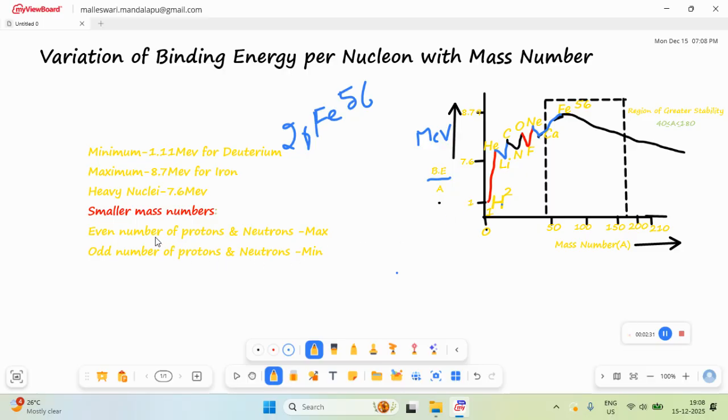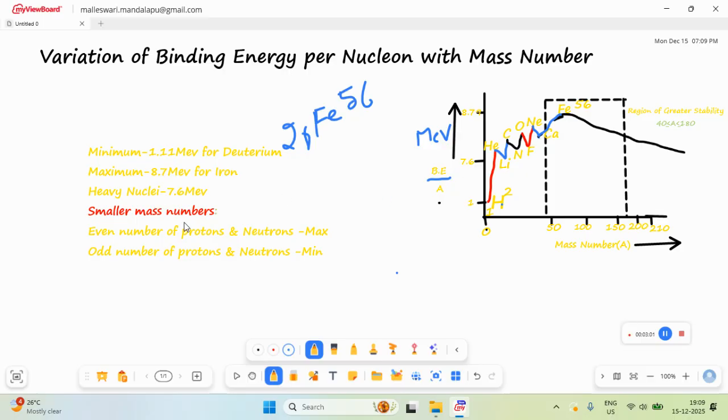For small mass numbers, the graph has ups and downs: for helium, lithium, carbon, nitrogen, oxygen, fluorine, neon. For helium, carbon, oxygen, neon, binding energy per nucleon is maximum.